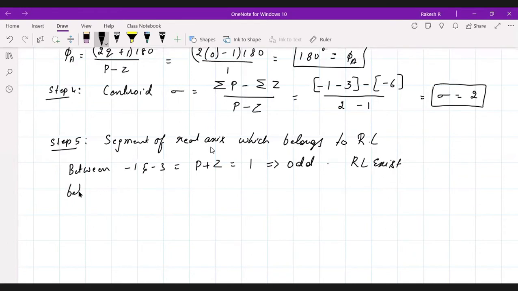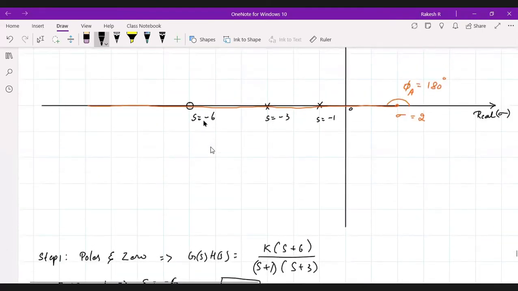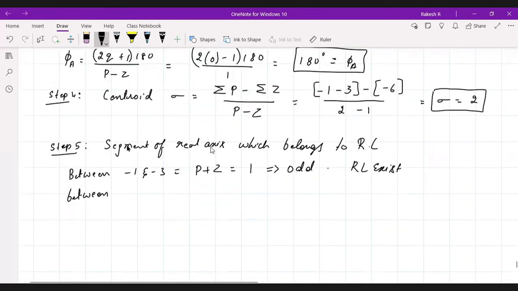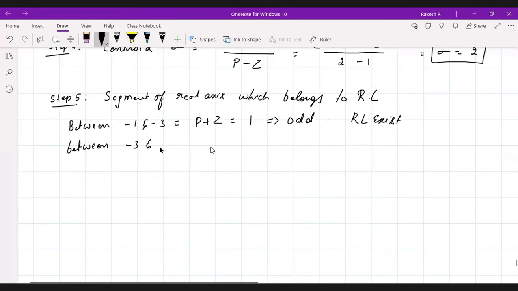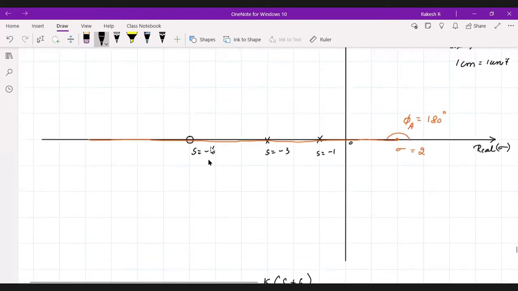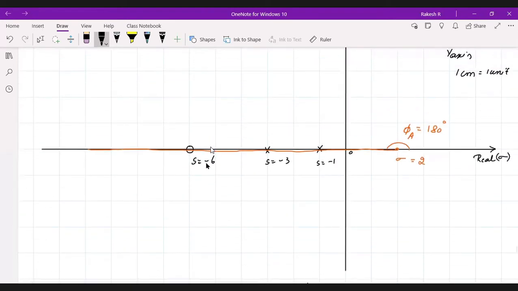Next, in between -3 and -6, we need to find out the root locus here. So poles plus zeros: how many poles plus zeros do we have towards the right of -6? We need to count. So we need to neglect -6 and count towards the right of that.